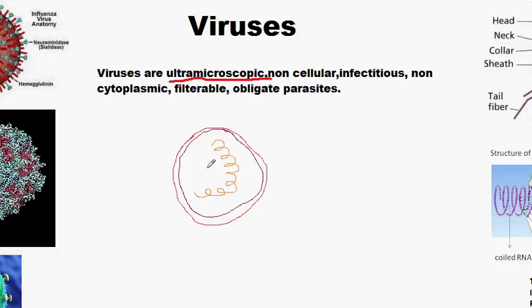When they come in contact with living organisms, they insert their genetic material, that is the DNA or RNA, inside the living organism, and then they show reproduction. There can be two types of reproduction, lytic and lysogenic. We will talk about them in some later video.